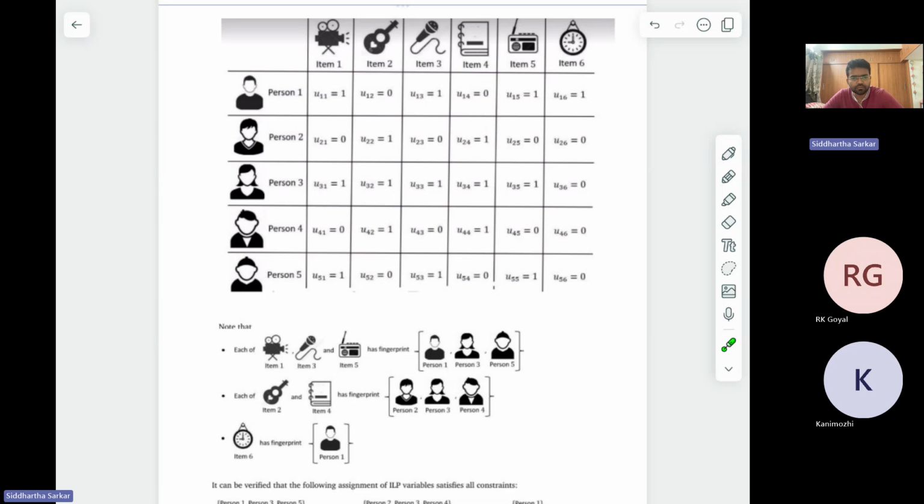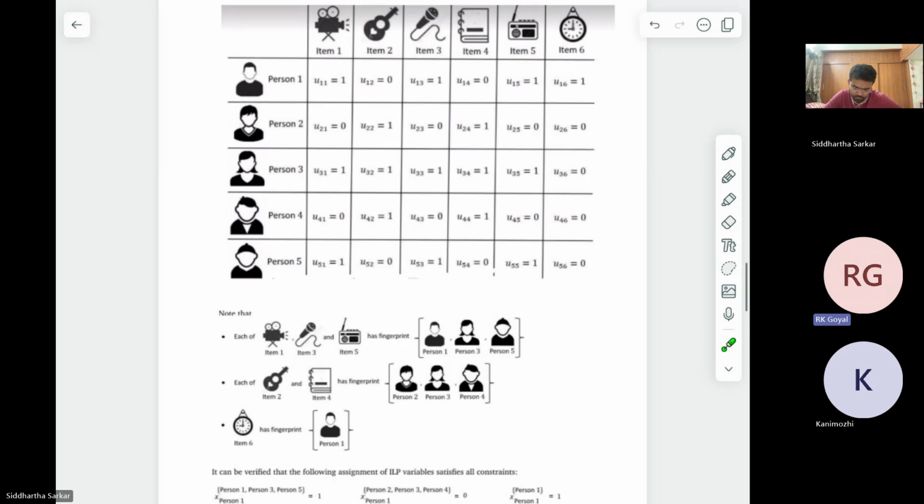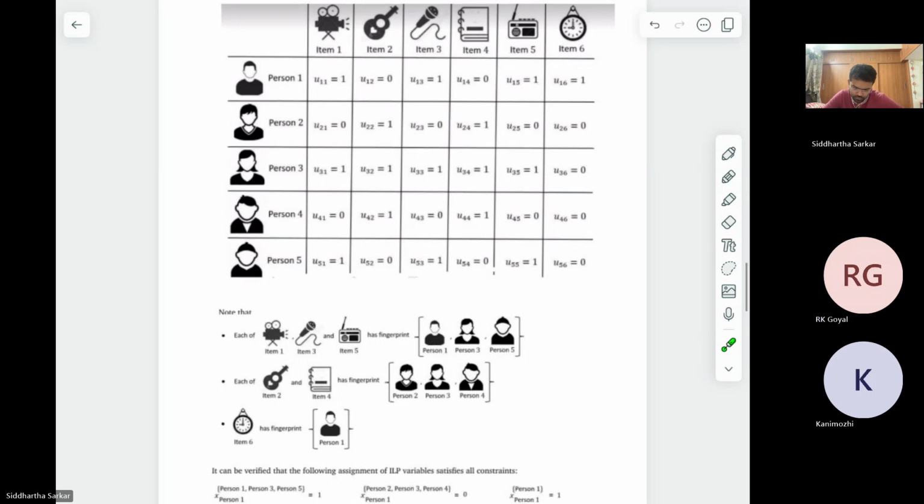Is it visible? No, no, I can see it. Only thing is that some of the terms in this table, their meaning is not well understood. Which one is not understood? Like, the entries are binary here. What's the meaning of one here? That person one likes item one?